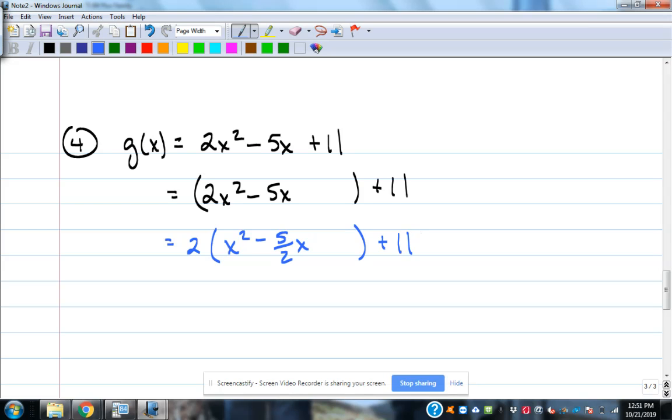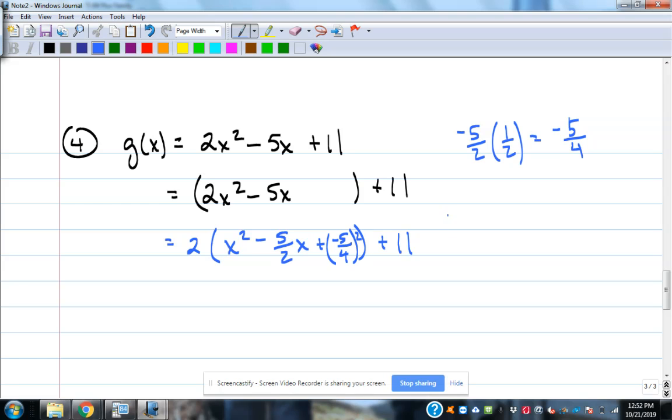Now, here's where it gets difficult for most of us. When we've got that fraction thrown in there, we've got to take half of b and square it. What's half of negative 5 over 2? Half of negative 5 over 2 would be negative 5 over 4. So I'm adding negative 5 over 4 squared.